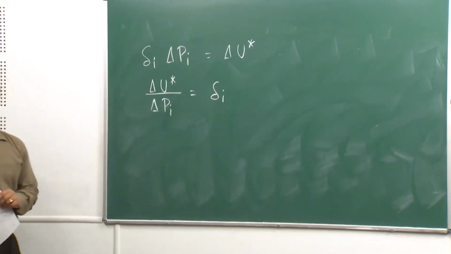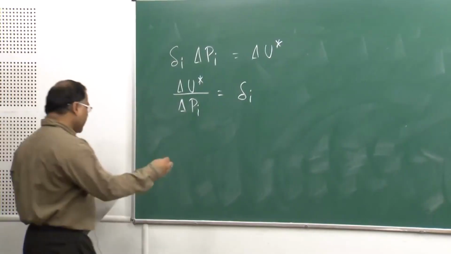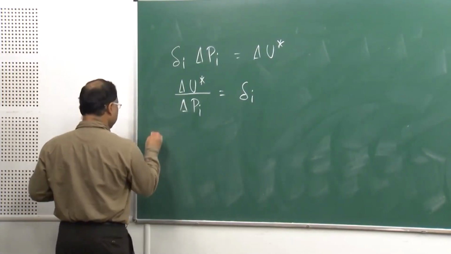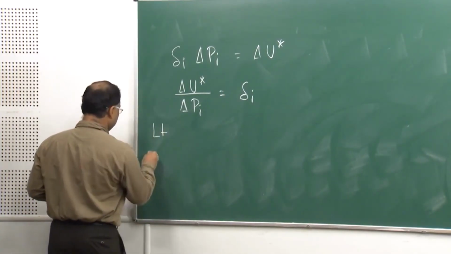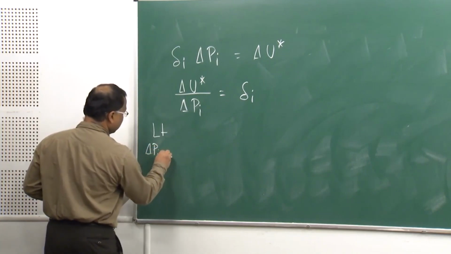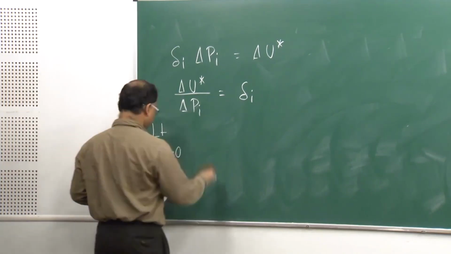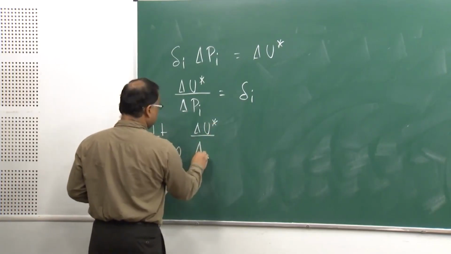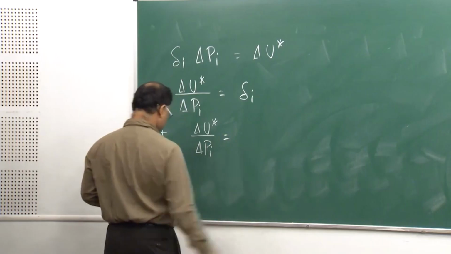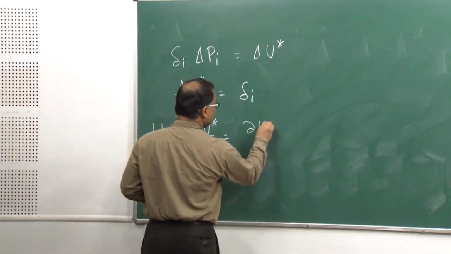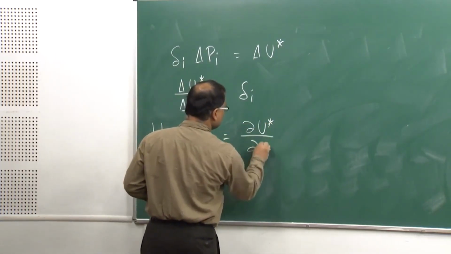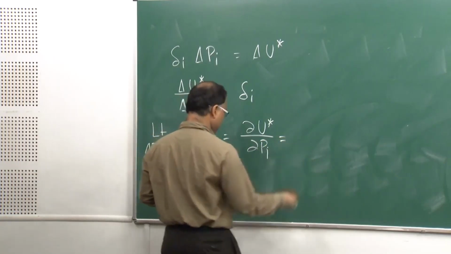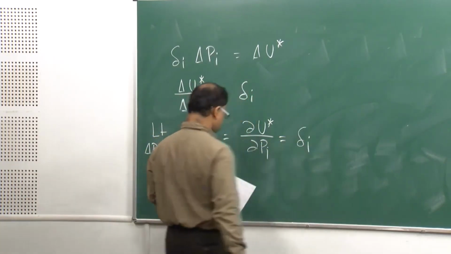Can I write that or not? I can, right. In the limiting condition, limit delta Pi tends to 0, delta U star over delta Pi becomes del U star over del Pi is equal to delta i.